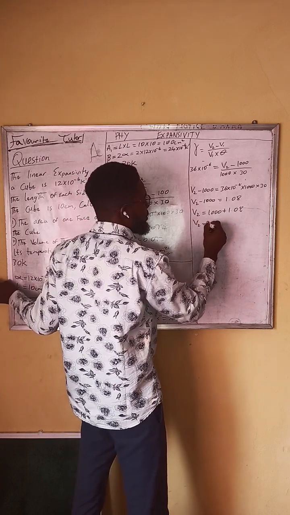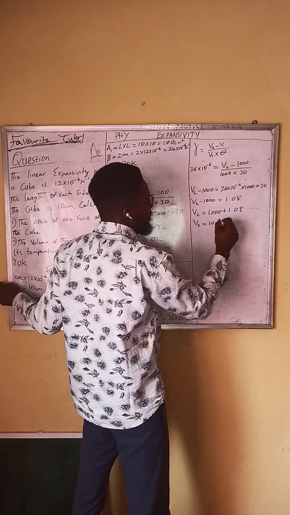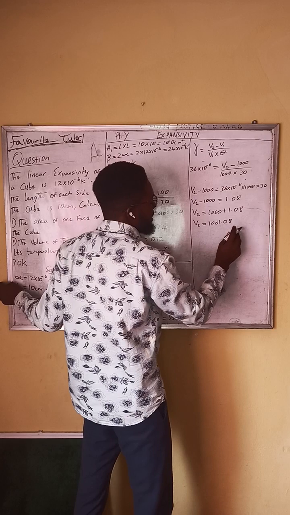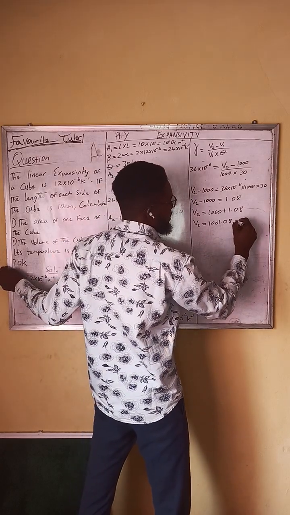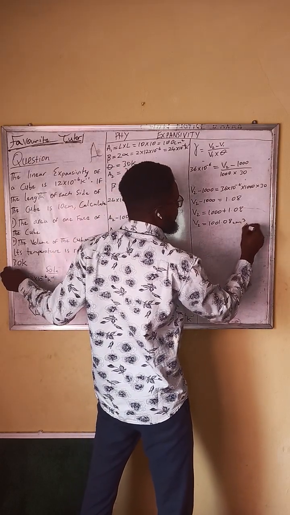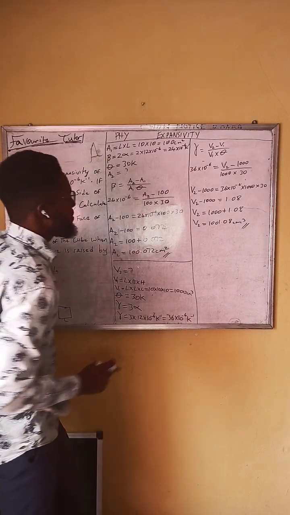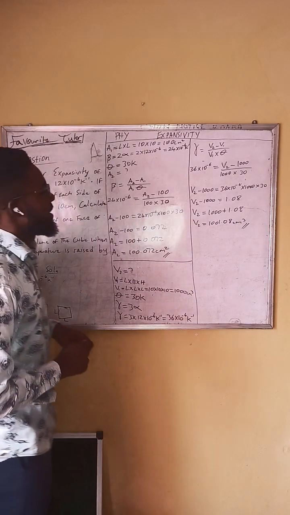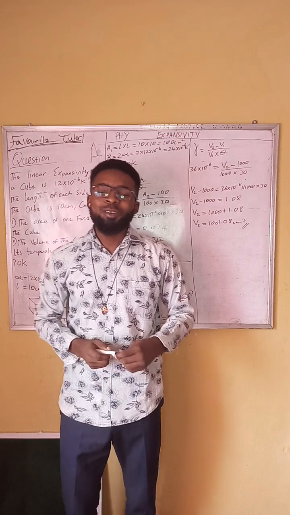So volume 2 is equal to 1000 plus 1.08, which is 1001.08 centimeter cube. All right, ladies and gentlemen, this is the new volume when the temperature is raised by 30 Kelvin.